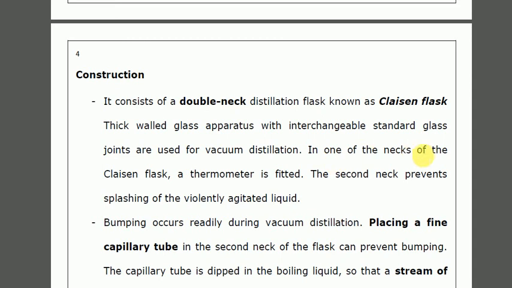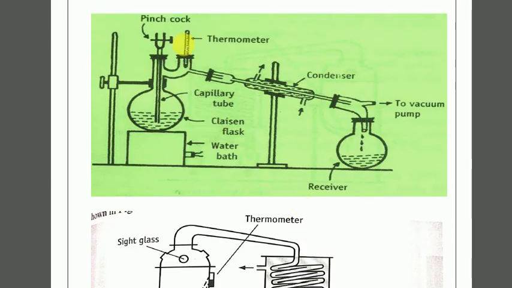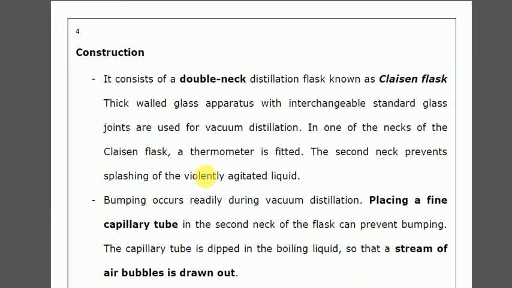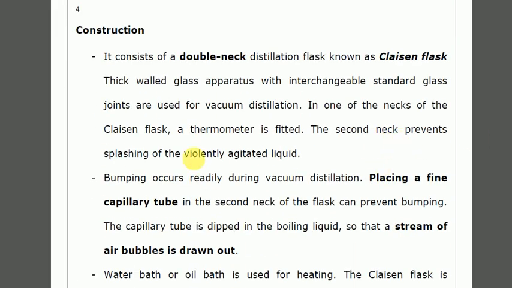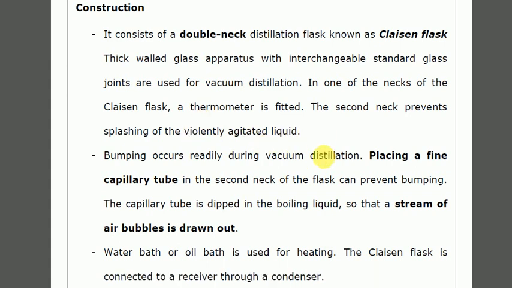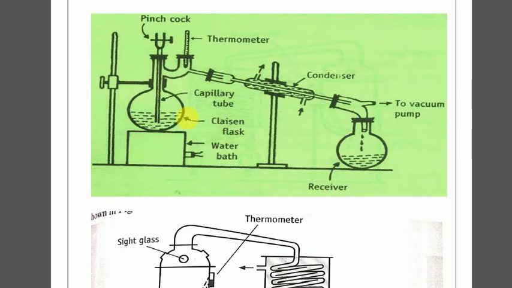In one of the necks of the Claisen flask, a thermometer is fitted. This. The second neck prevents flashing of the violently agitated liquid. That means there is bumping of liquid.